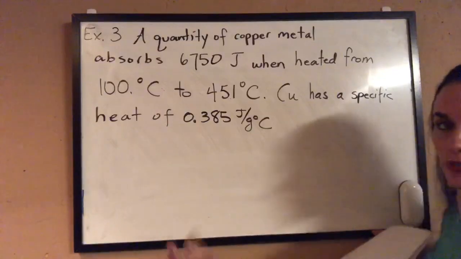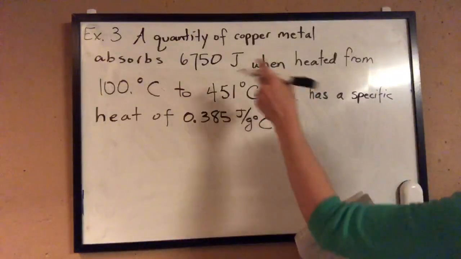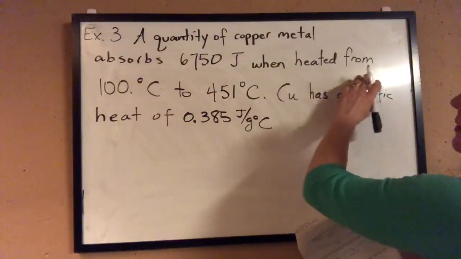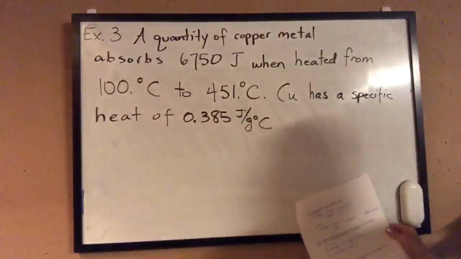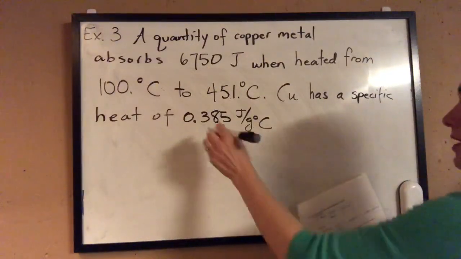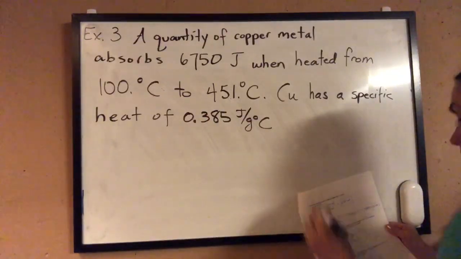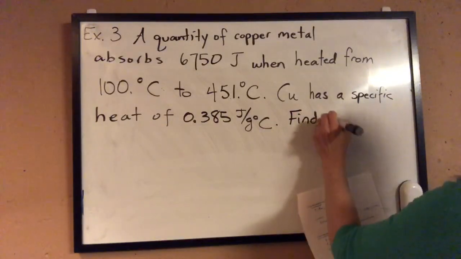They're usually transferring it. They don't hold on to the heat too long. So a quantity of copper metal absorbs this amount of heat when heated from 100 to 451 degrees Celsius. Copper has a specific heat of 0.385 joules over grams times degrees Celsius. Find the mass of the copper metal.